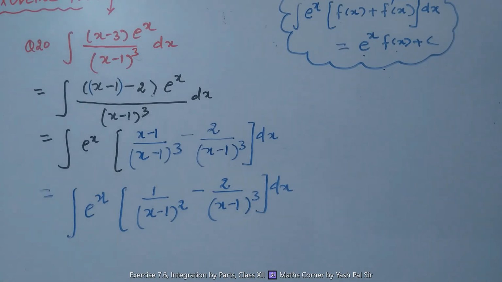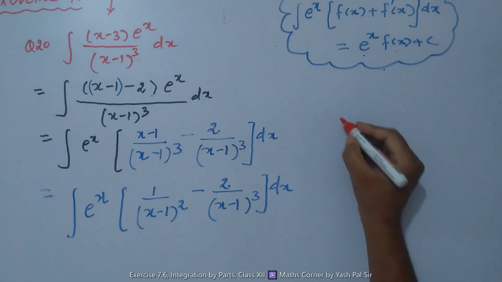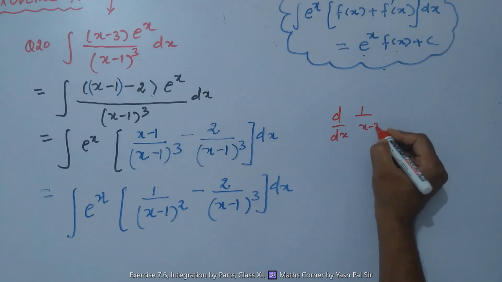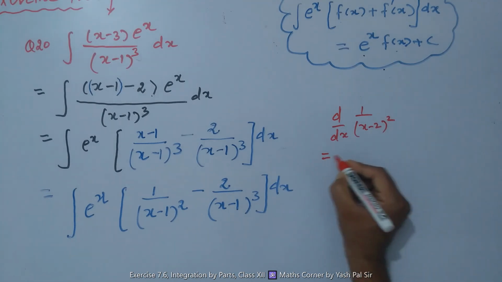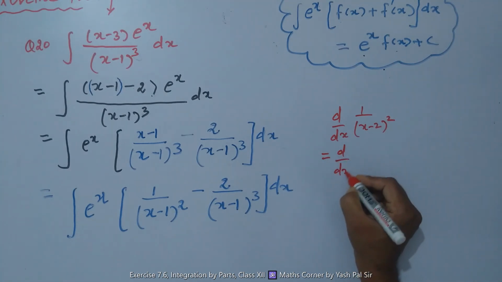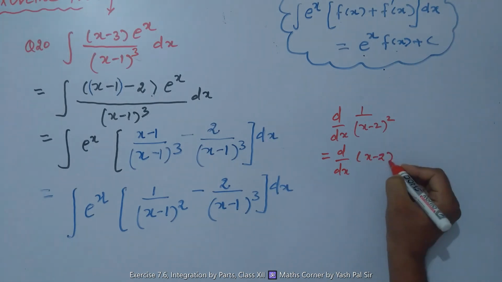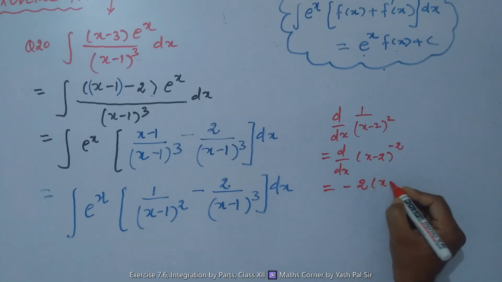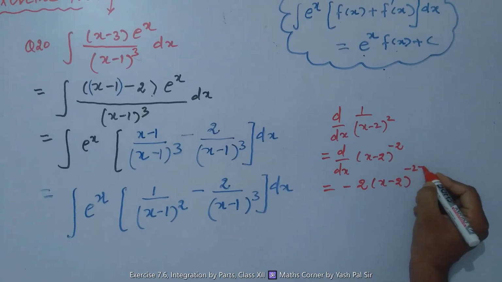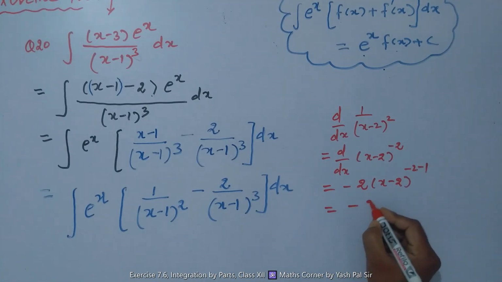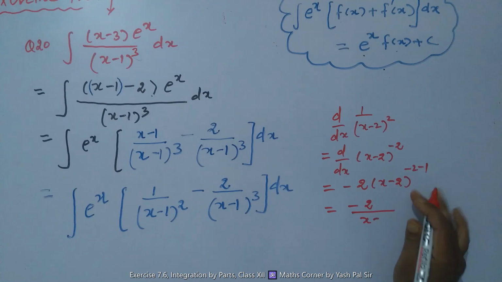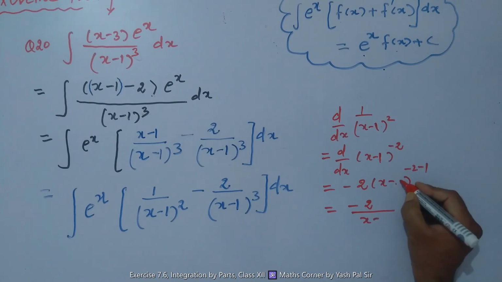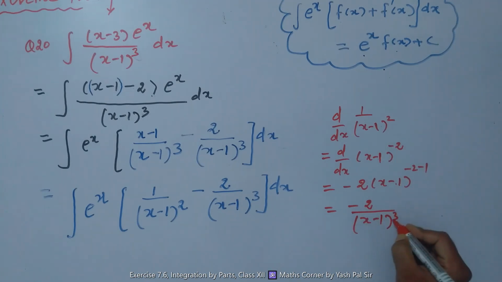Now we know that the derivative of 1 upon x minus 1 whole square is equal to the derivative of x minus 1 whole power minus 2, which is equal to minus 2 into x minus 1 whole power minus 2 minus 1, which is equal to minus 2 upon x minus 1 whole power 3.